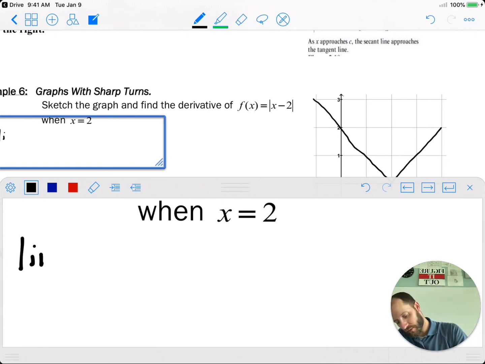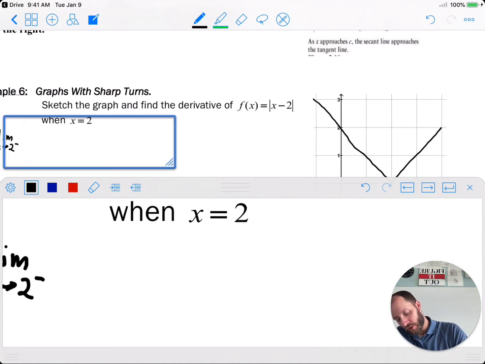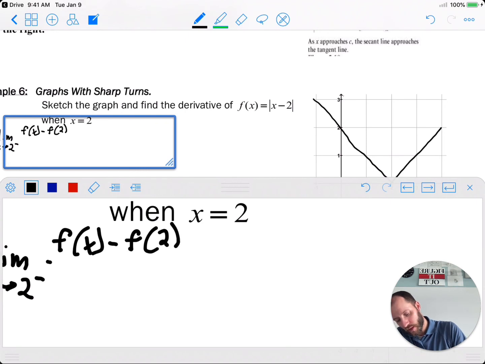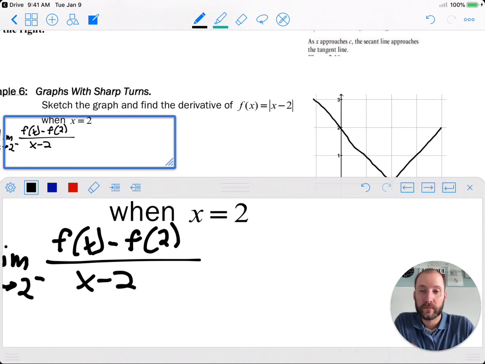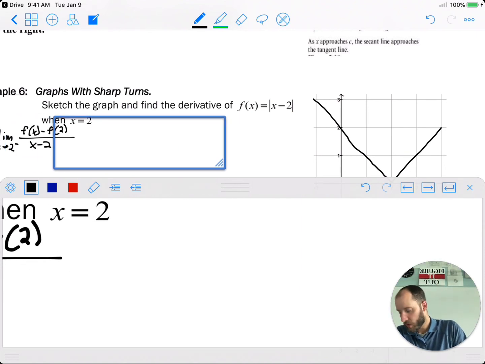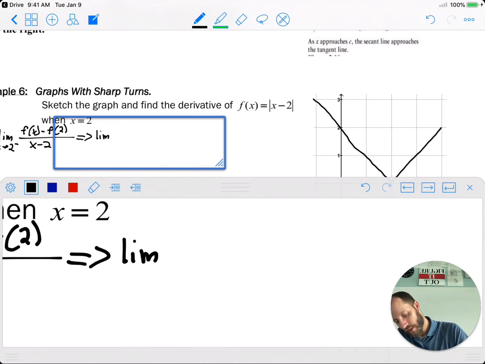So the limit as x approaches 2 from the left, using that superscript, of f of x minus f of 2, all over x minus 2. Let's evaluate that, working step by step.